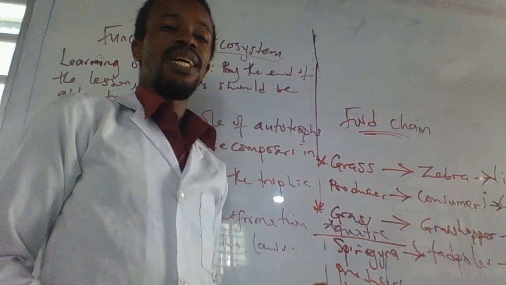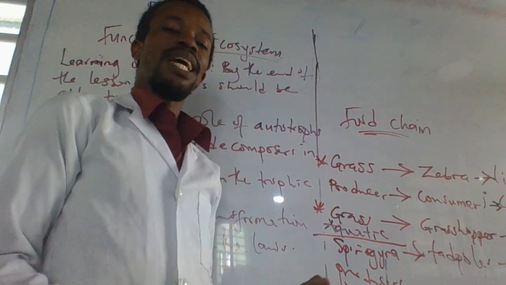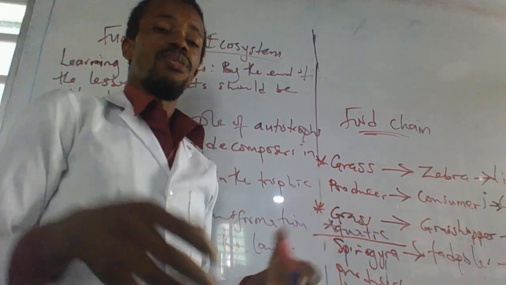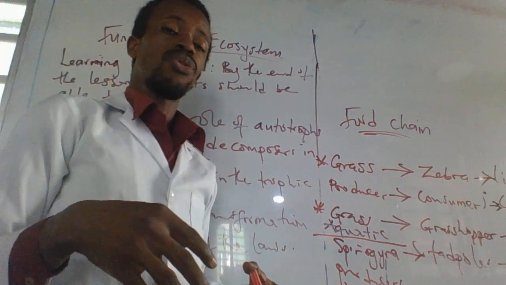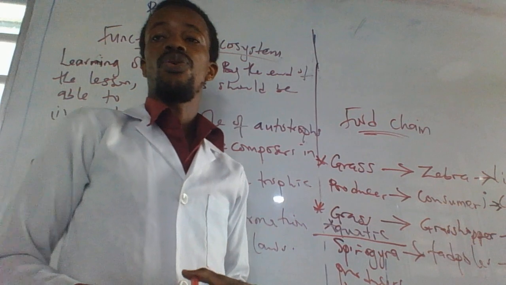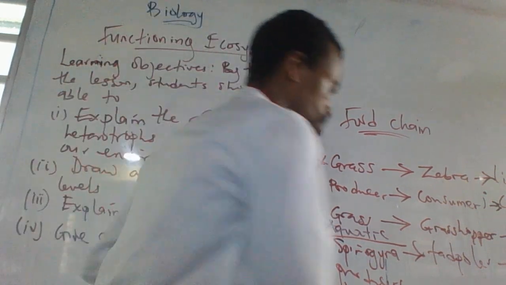Humus are the nutrients supplied to the plant from the soil or its environment, so that it can grow well and produce what the carnivores or the heterotrophs will feed on.